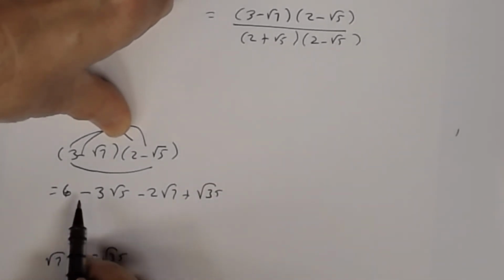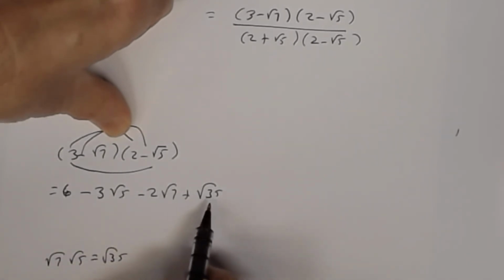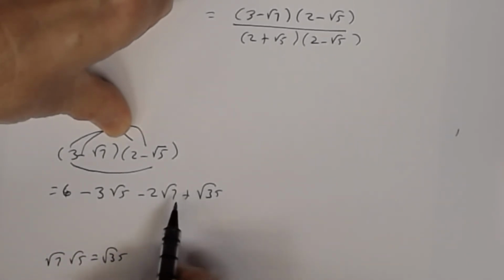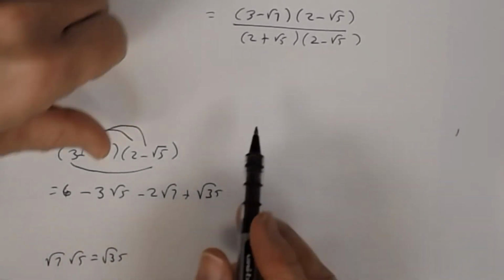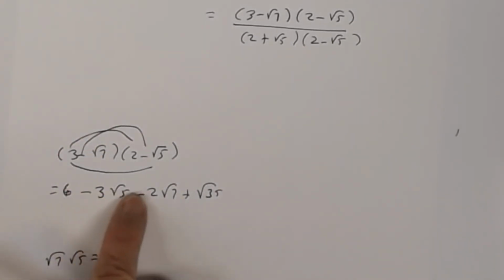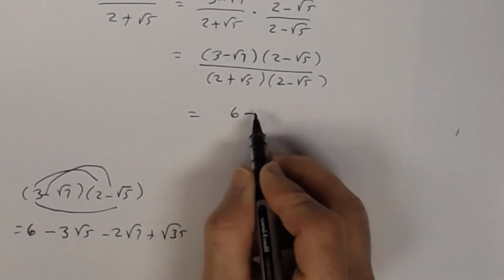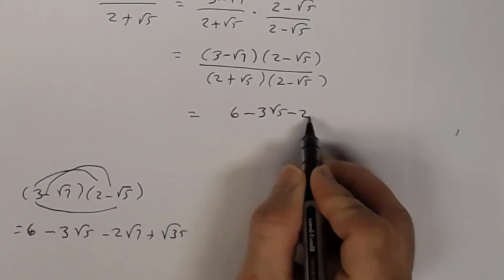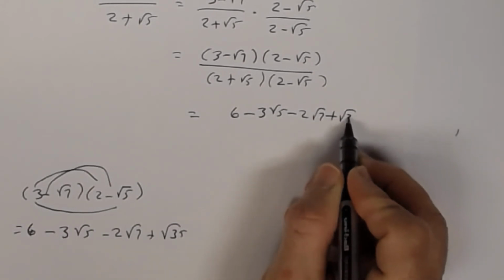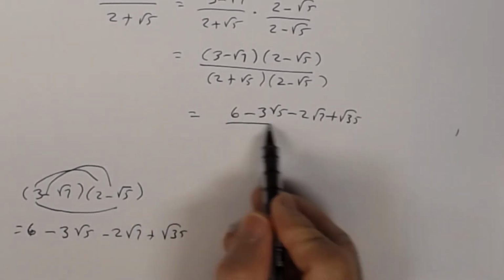Okay? And notice none of these are like terms, and I cannot simplify any of them any further. So my numerator is going to have 4 terms: 6 minus 3 square root of 5 minus 2 square root of 7 plus the square root of 35. Okay? So that's your numerator.